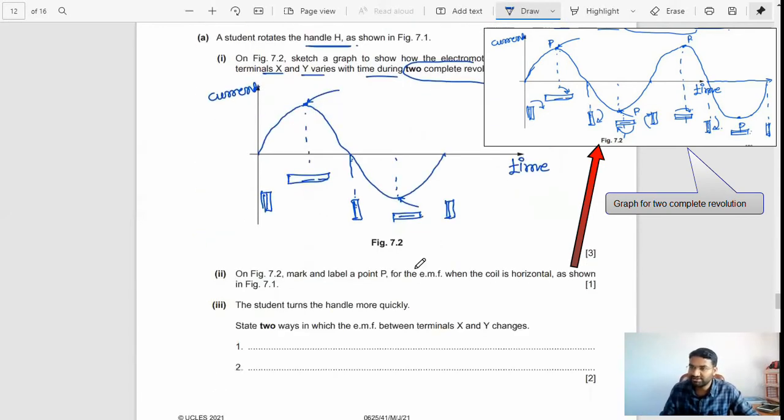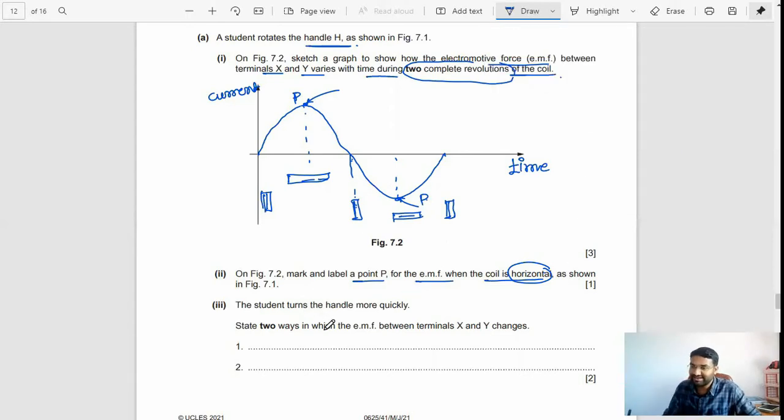Now the second part: mark and label the point P for an EMF when the coil is horizontal, shown in figure 7.2. When the coil is horizontal, it is at either this point or this point.